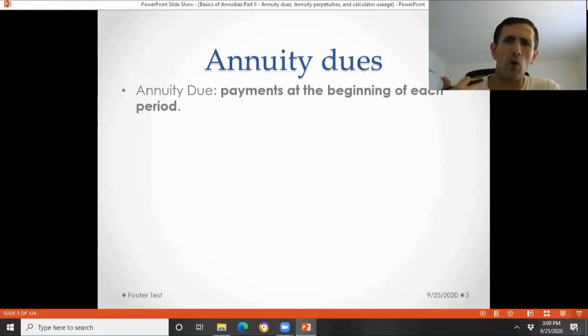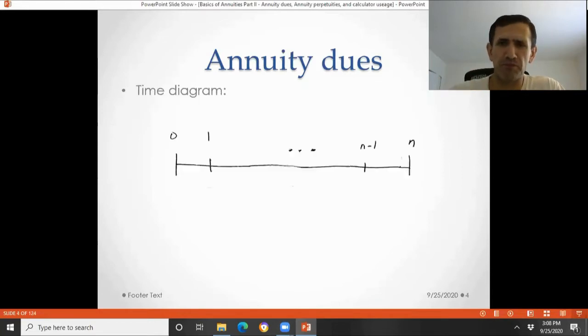So payments into this account at the beginning of each month is an annuity due, and that's a typical example. I like to think annuity dues are like rent payments, and annuity immediates, where payments are at the end of each month, are like loan or mortgage payments.